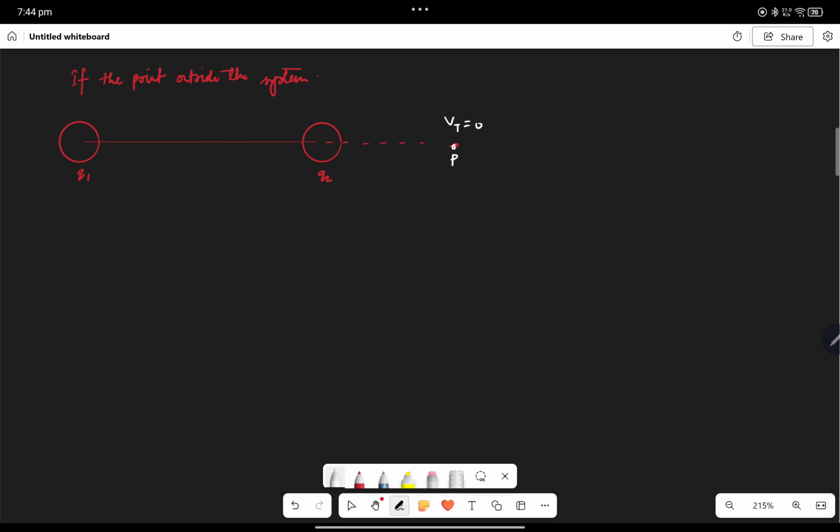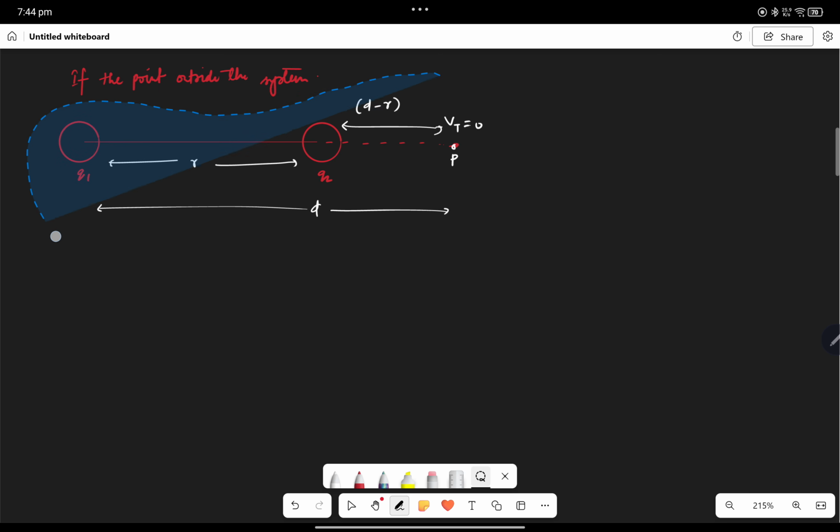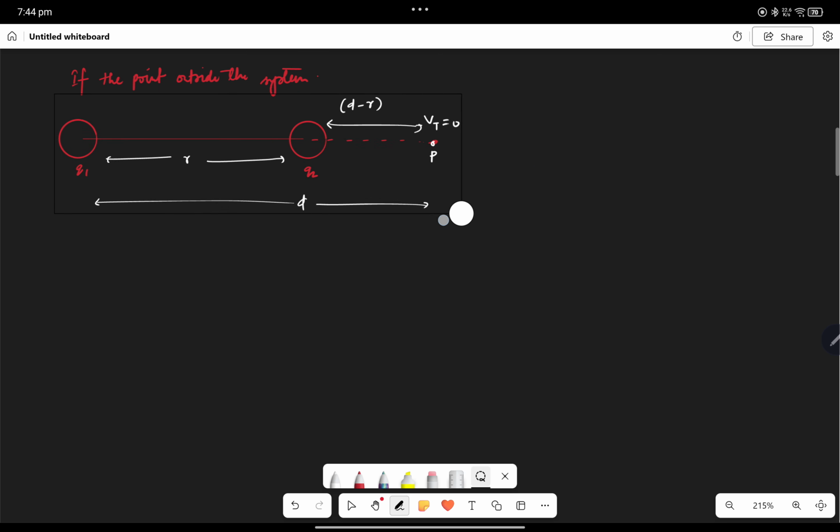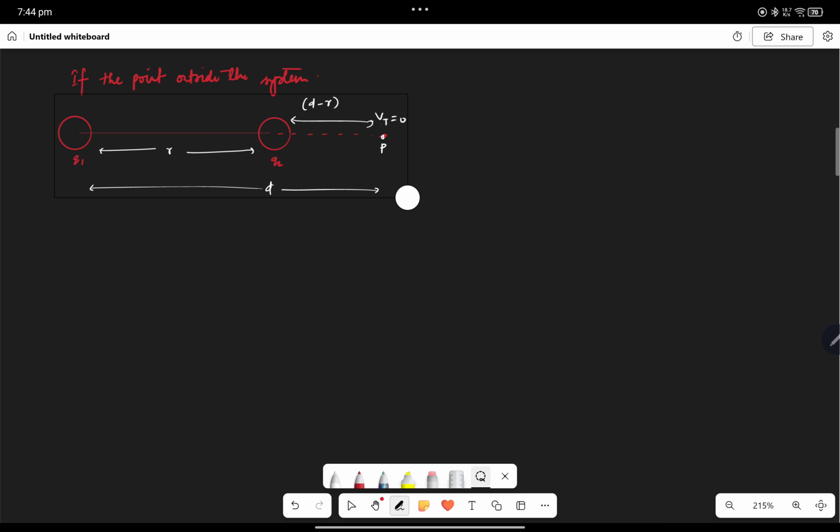Let's assume that the distance from here to here is d. And the distance given in the question is r. So this distance is going to be d minus r. Now let's solve this question again by using the same concept.